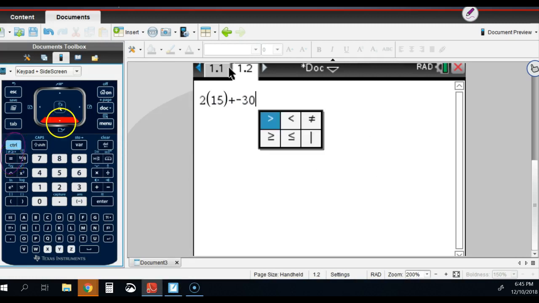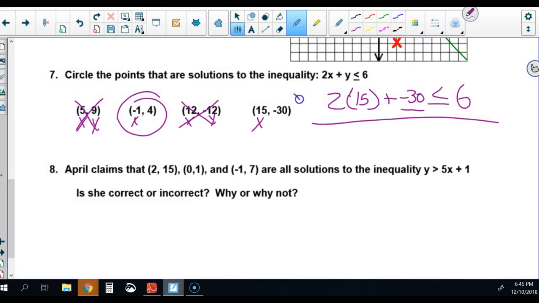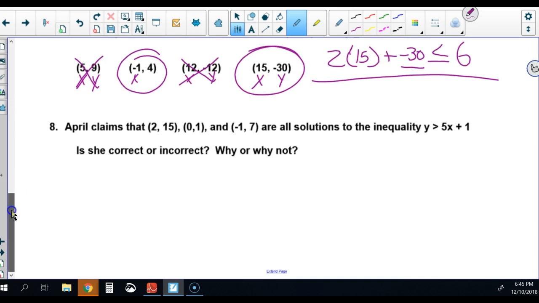Let's say is less than or equal to 6. You hit enter, it comes up true. That is true, which means it is a solution. So yes. 2 solutions, 2 non-solutions. With the calculator or without, there are multiple ways of figuring that out.